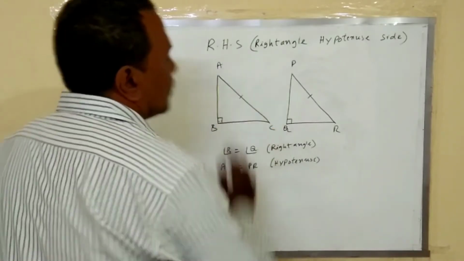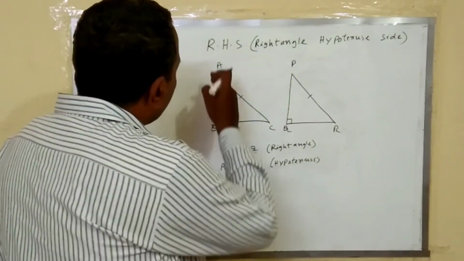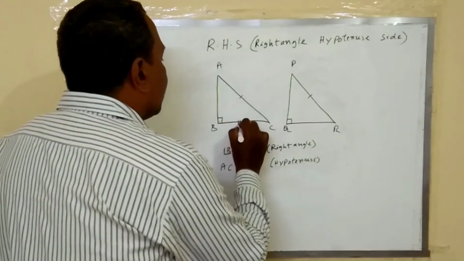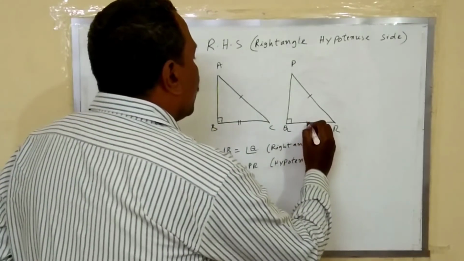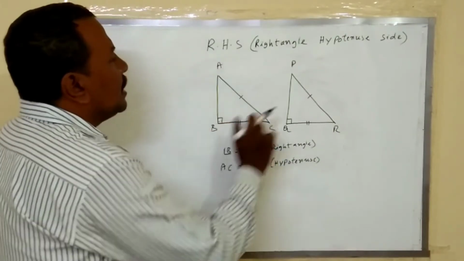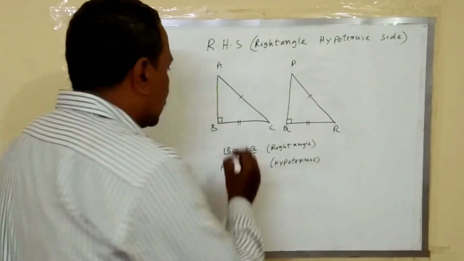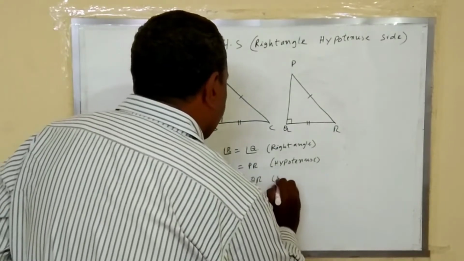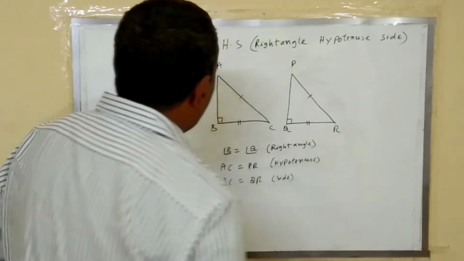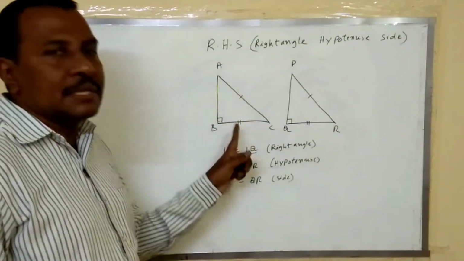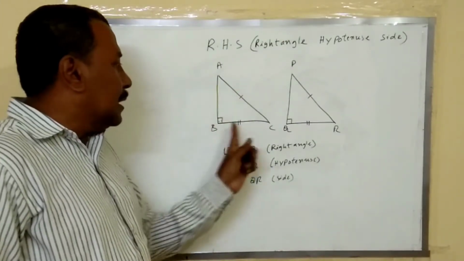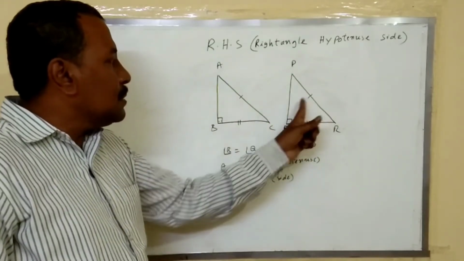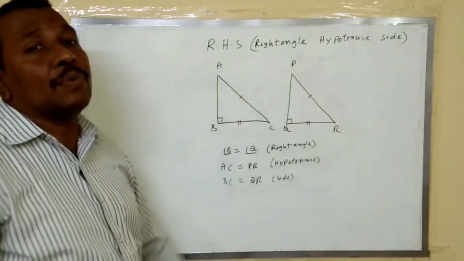Next, side. You can take either AB or BC. I am taking BC, which is equal to QR, or you can take AB, which is equal to PQ. So the right angle, hypotenuse and side of triangle ABC are equal to the right angle, hypotenuse and side of triangle PQR.